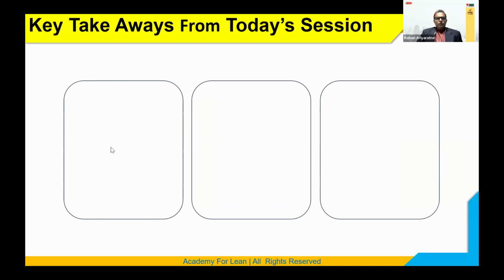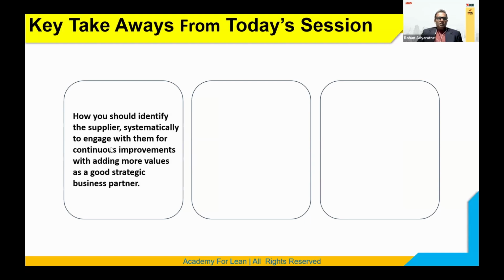So here, I'm expecting to give you very important takeaways from this session. How you should identify the suppliers. Vimal explained that; I'm also going to touch on what he has explained. Systematically, to engage with them for continuous improvement, adding more value as a good strategic business partner. So think about that. As a good strategic business partner, this is one missing part in the industry at the moment.